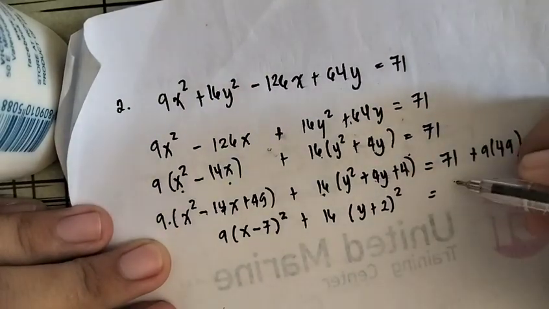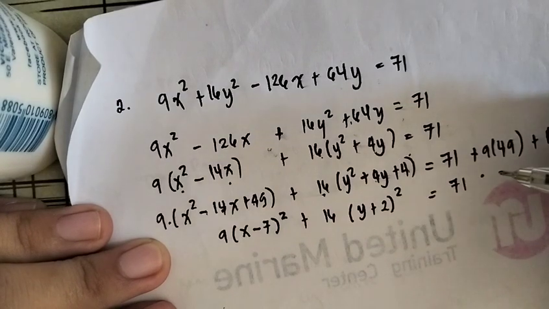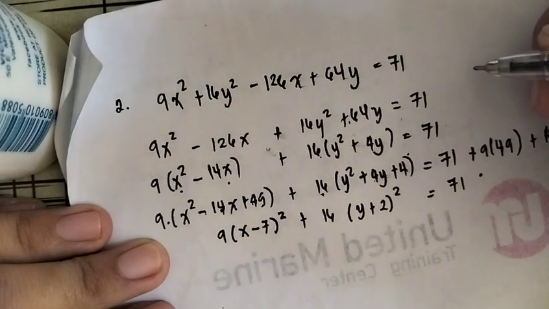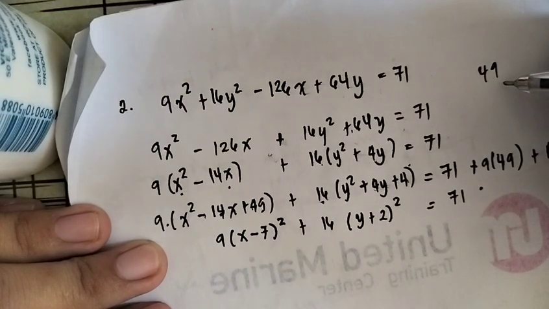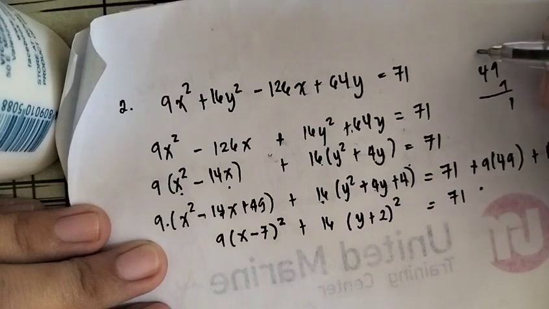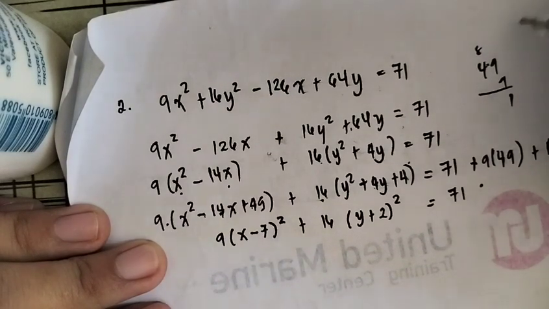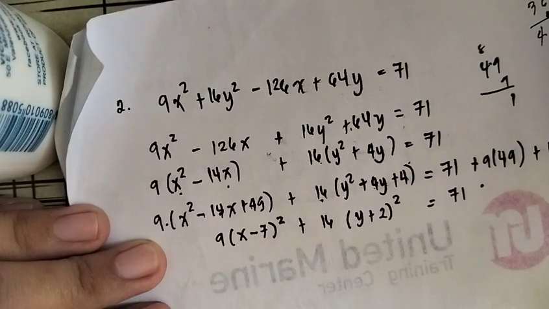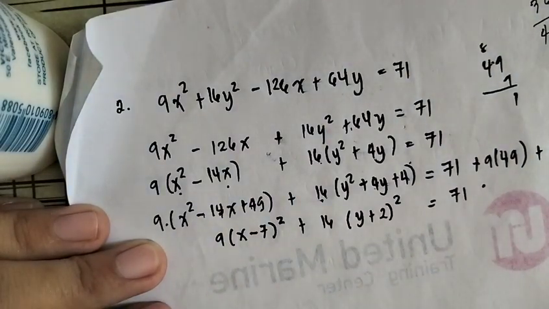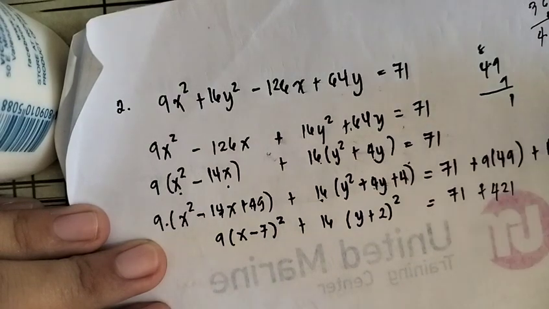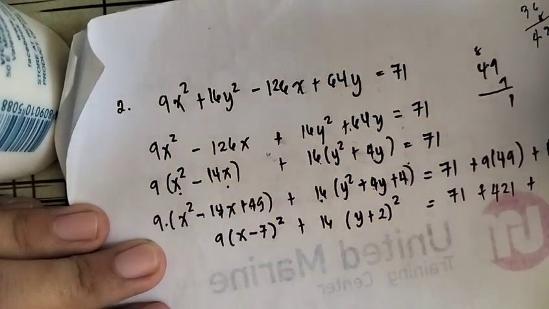And then, pila man ni? 71 pilang 9 times 49 times 9, 81. 4 36 plus 36 plus 8 pila? 2. 421. 16 times 4.